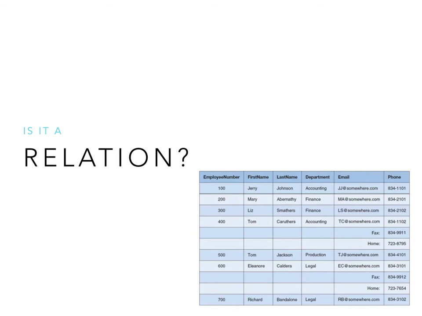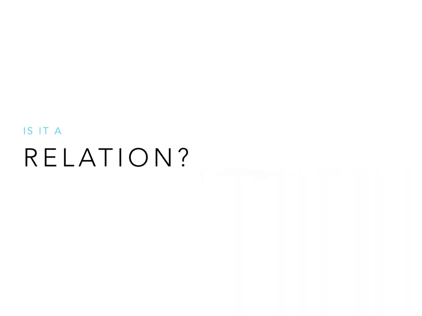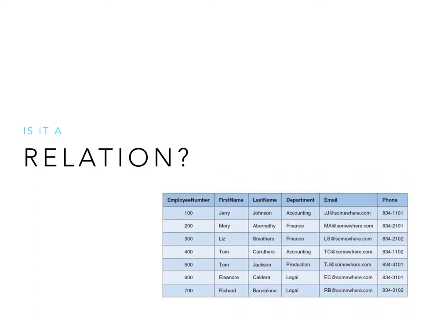We might understand that the fax and home under number 400 go with number 400, right? So either way you look at it, that's breaking a rule. So no relation. Get out of here. How about this?